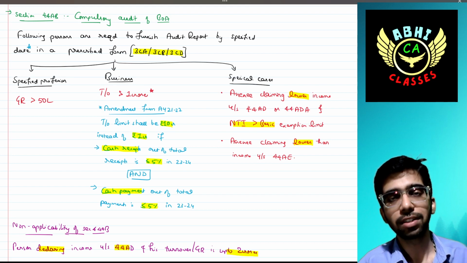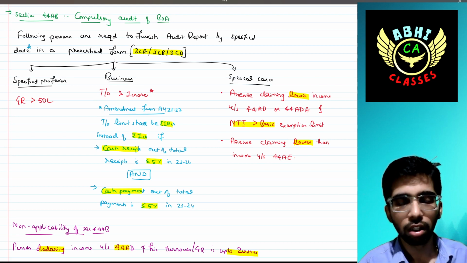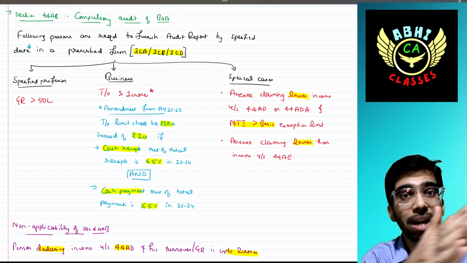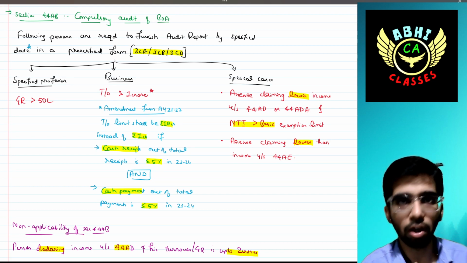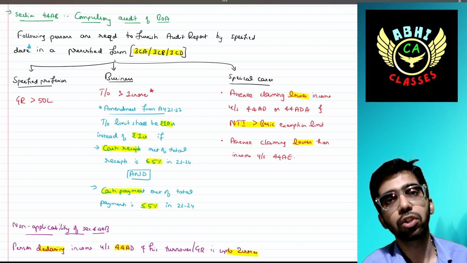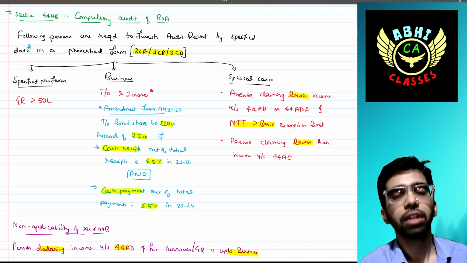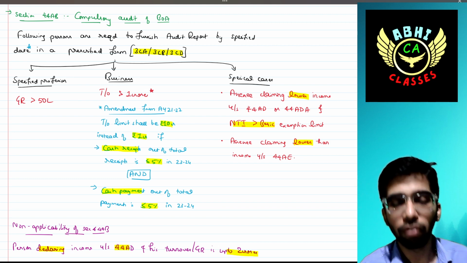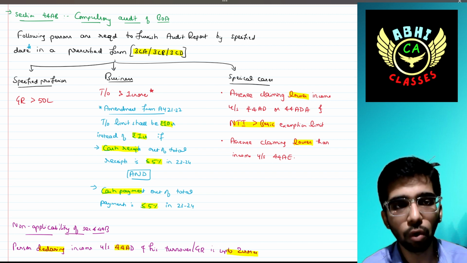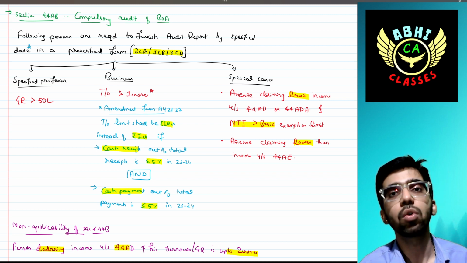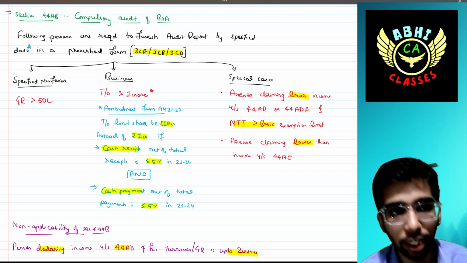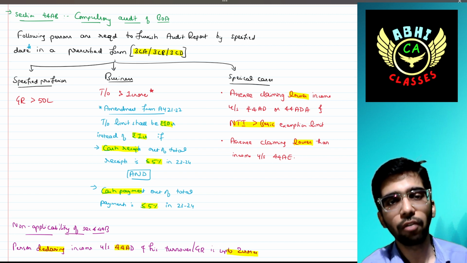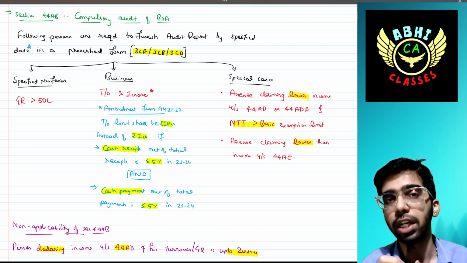Specified professional means the gross receipts. The professional means all MALFITCO. If I have gross receipts of more than 50 lakh, then I have to get my books of account audited. Then business. If I am having a business and my turnover is more than 1 crore, I need to maintain my books of accounts and also get them audited. But there is one amendment with effect from assessment year 21-22.